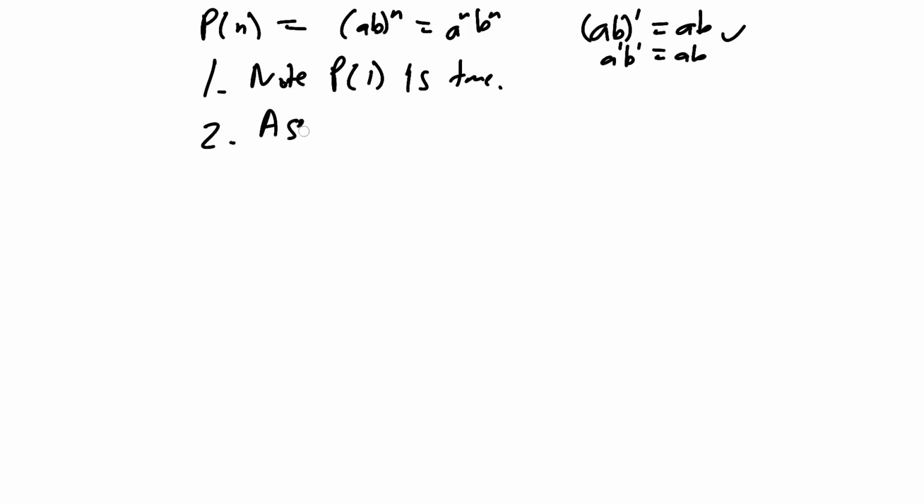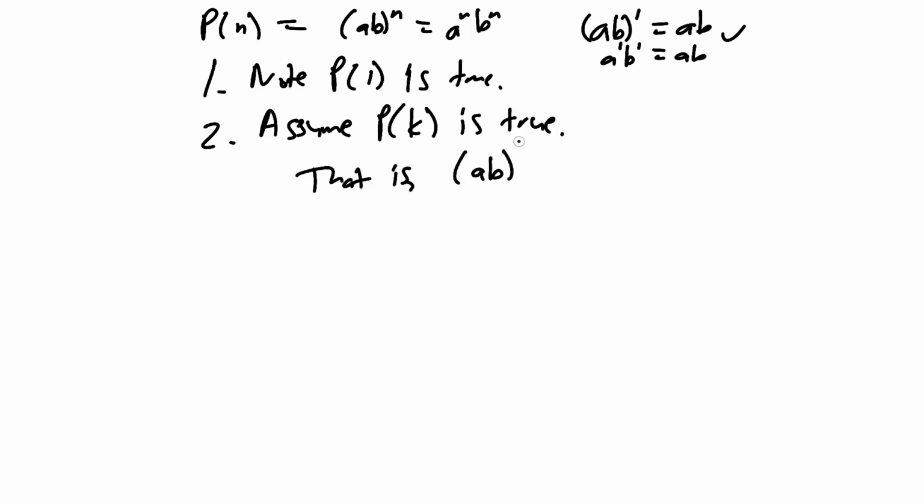All right, and now for the inductive hypothesis. Assume pk is true. So we assume this is true for some number k. So we're assuming, that is, it's okay to assume that ab to the k equals a to the k, b to the k.